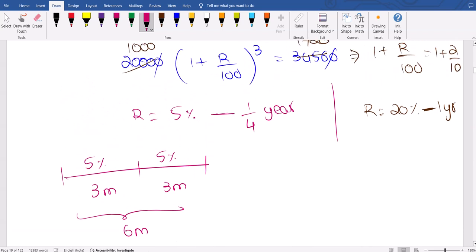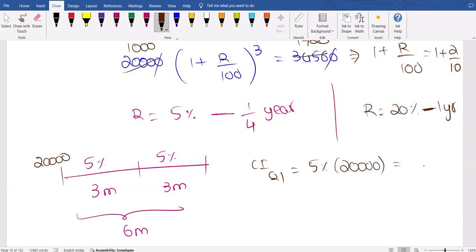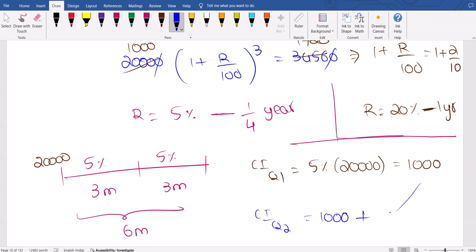Now, we have a shortcut to calculate. Compound interest, first quarter, rate of interest 5%. You are investing 20,000. For 20,000, 10% is 2,000, so 5% is 1,000. That is the first quarter. Next, the second quarter is first 1,000 plus 5% of this. 5% of 100 is 5, so for 1,000 it means 50.